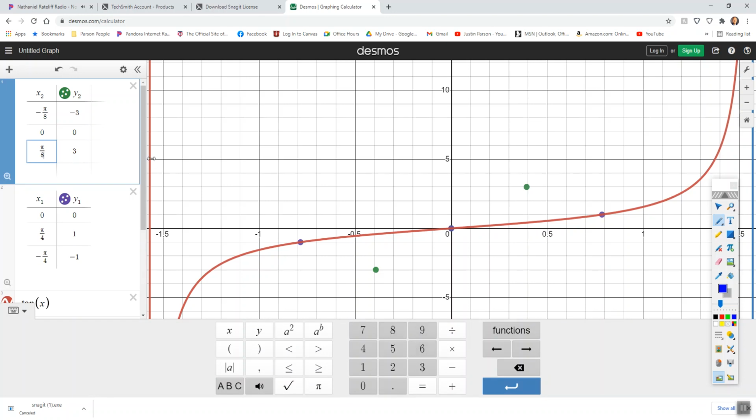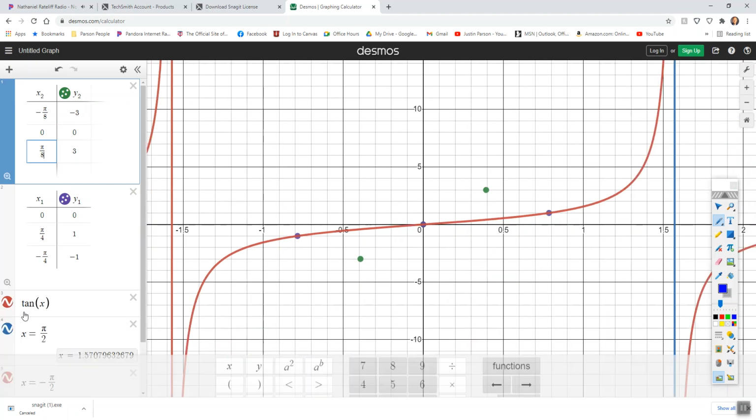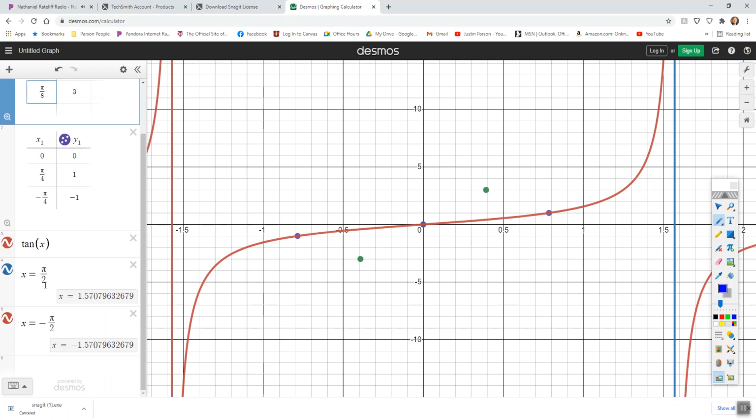Okay, so I have a question now. My undefined stuff right here was this. This happened to be at pi over 2. But when you horizontally shrink a graph, you're also horizontally shrinking where the asymptotes belong. So if this distance from the origin, where we start the graph, to this first asymptote is pi over 2, what's half that distance?